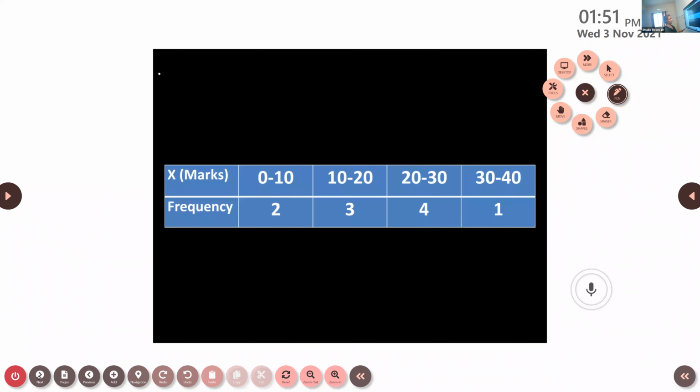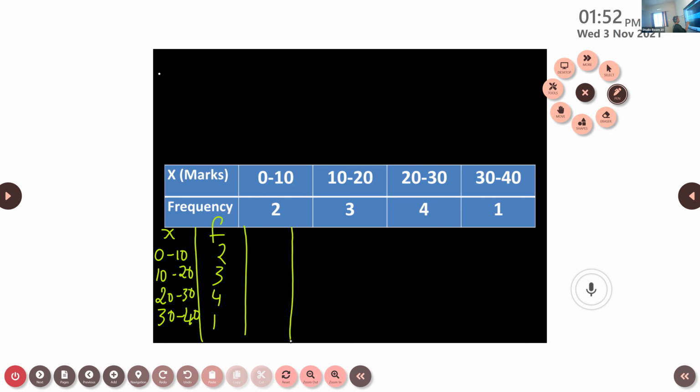Same question, we are going to find in another method. So again, you have to write X, F: 0 to 10, 10 to 20, 20 to 30, 30 to 40. Fs are 2, 3, 4, 1.